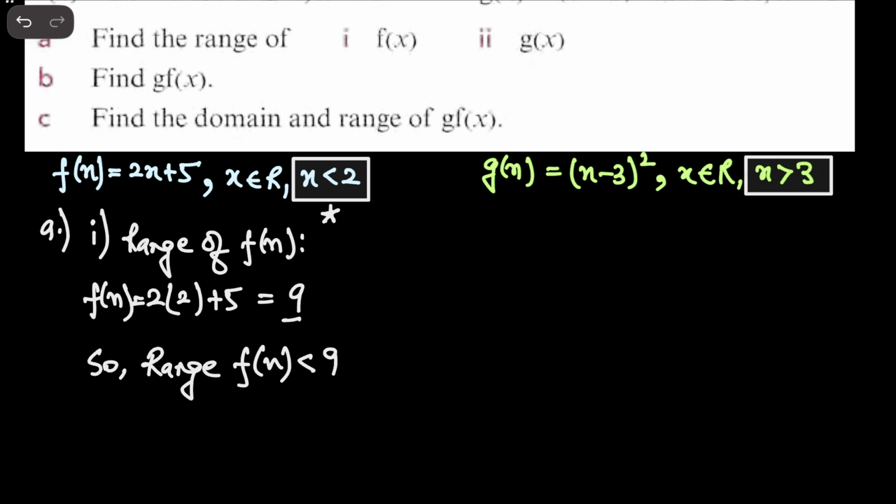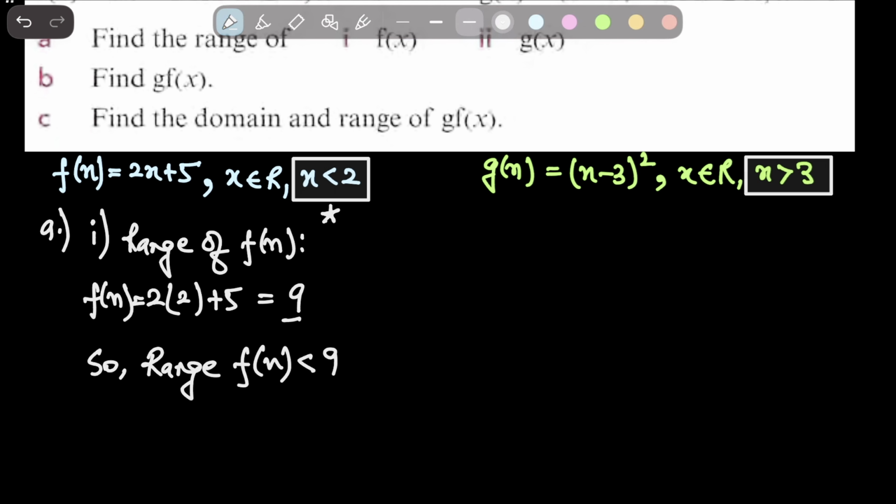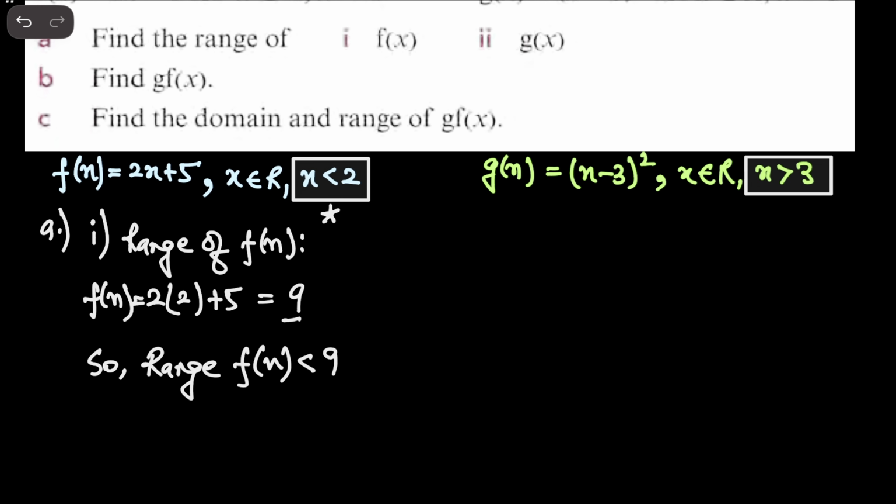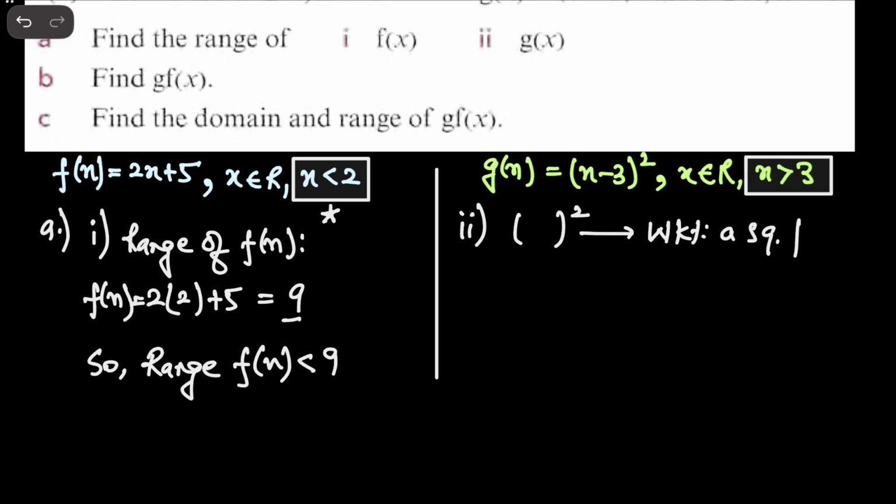Now let's move on to understand the range of g of x. So in this part, the range of g of x is to be calculated. As I've already told you, this is a square function, and we know that a square function has minimum possible value as 0.